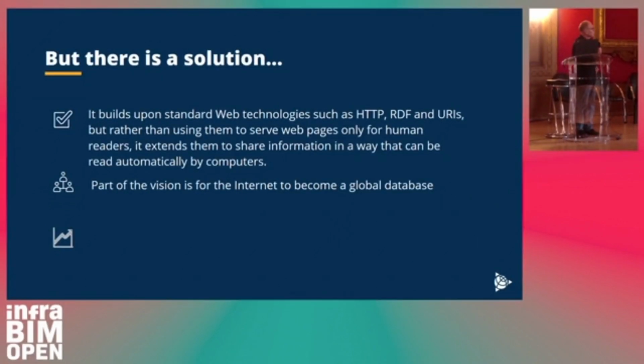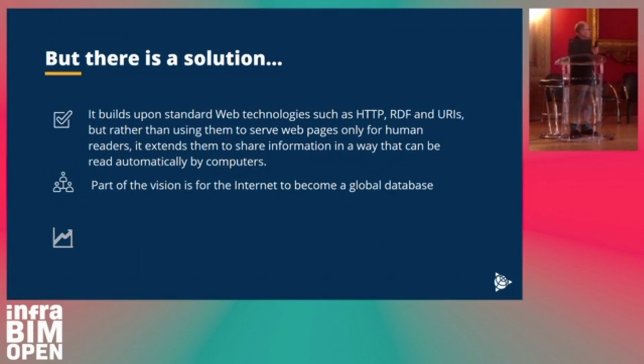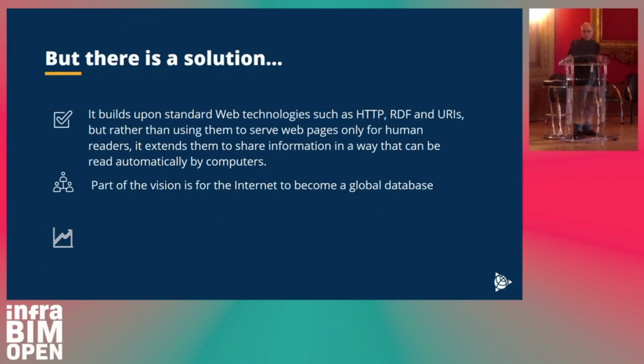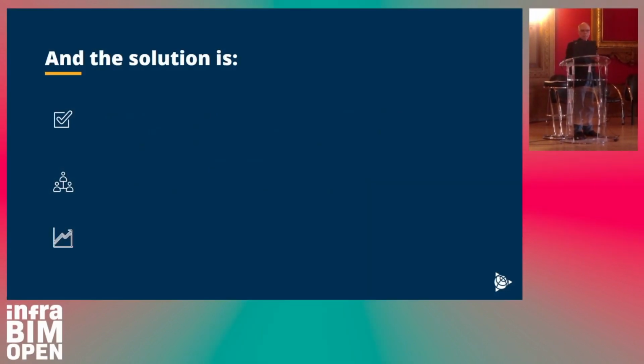It builds on standard web technologies, HTTP, very familiar technologies, and part of this vision is for the internet to become a big global database, a distributed database for your BIM data, geospatial data, whatever data. It's called Web of Data. And the solution is Drumbeat.